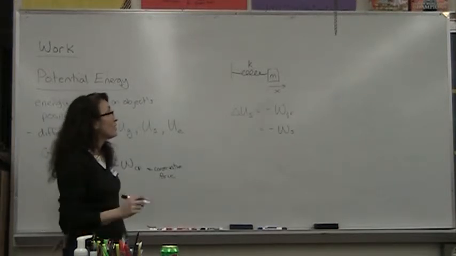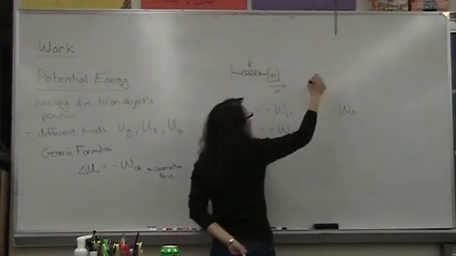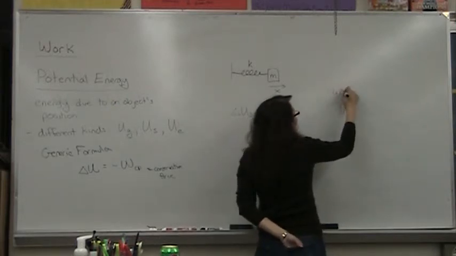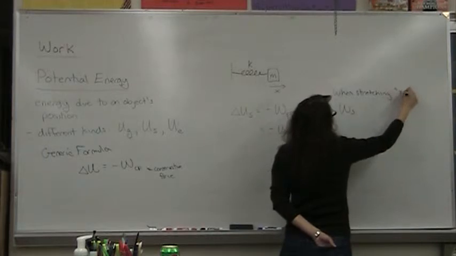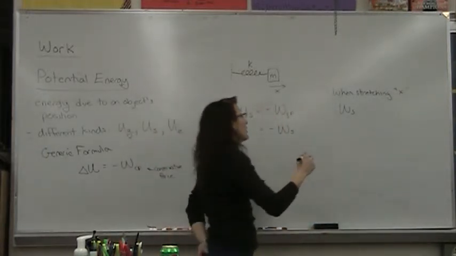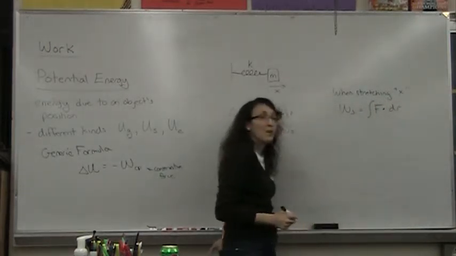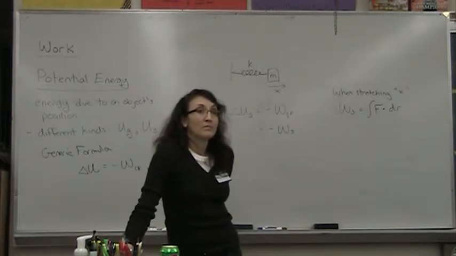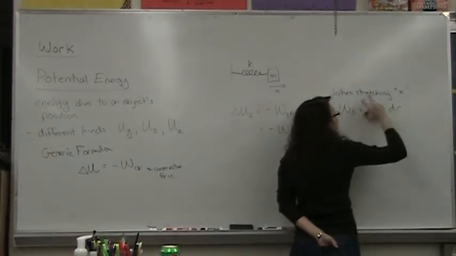All right, so let's figure out how much work this spring does when we stretch this thing a distance x. So when stretching it at x, we want to figure out the work done by the spring. What comes into play again? The integral of F dot dr. Why can't we write down F r cosine theta and get rid of the integral?